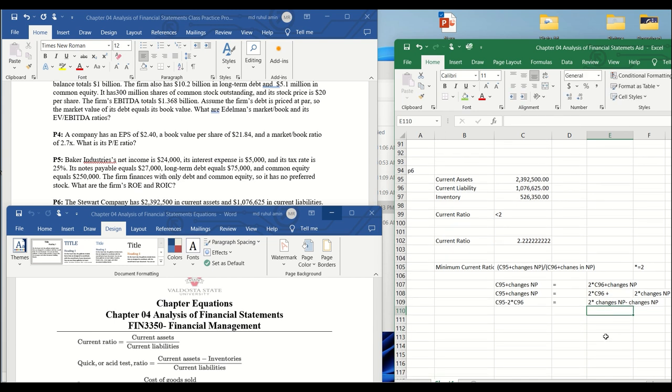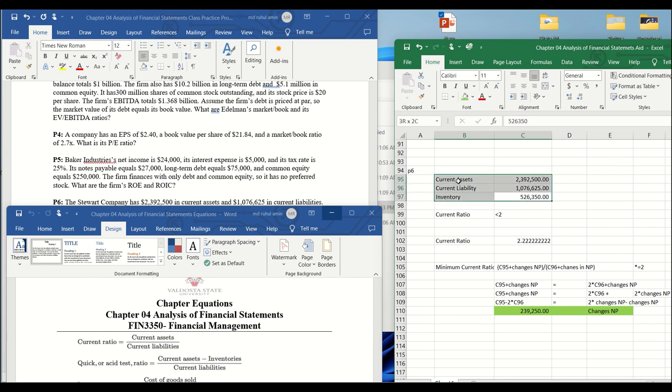In other words, 2 times change in notes payable minus only change in NP, we have only change in NP. So then you can see C95, current assets, minus 2 times current liabilities is 239,250. So this should be our max we can do.